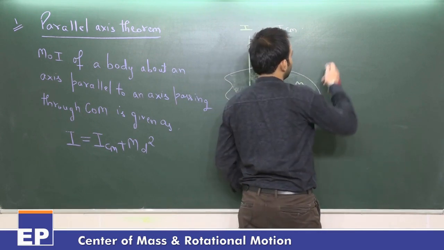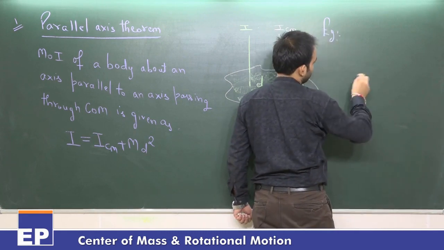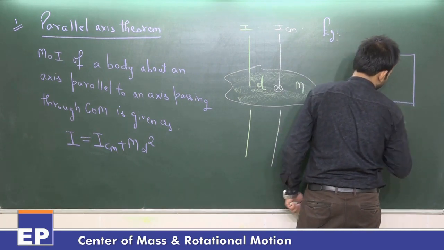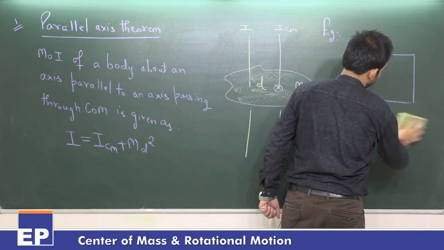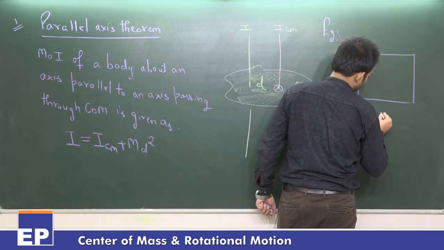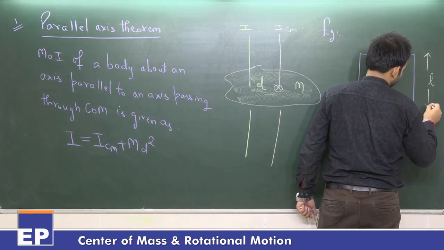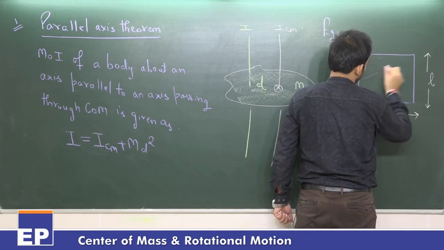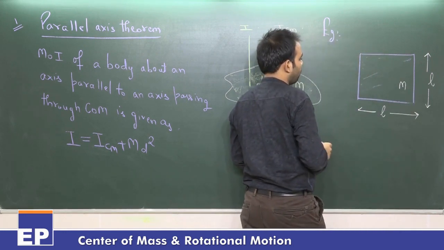जैसे मैं आपको एग्जांपल भी लेके दिखाना चाहूंगा, like we have discussed for the square lamina. If you want to calculate, this is the square lamina of length L, and let's suppose its mass is capital M, and you want to calculate the moment of inertia about an axis.